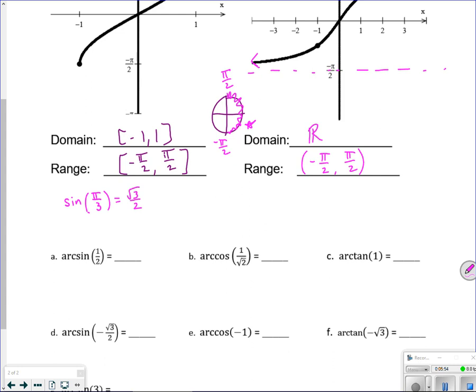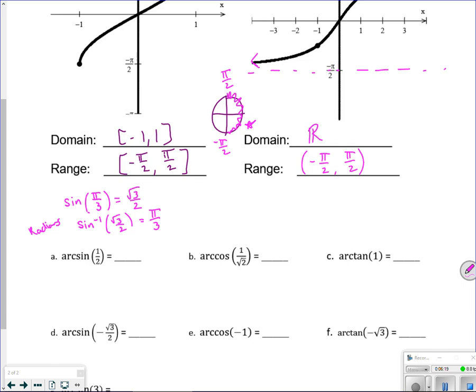So notice I could write the inverse sine of square root of 3 over 2 is equal to pi over 3. So the x's and the y's flip. So I'm basically asking you, when you see this, it's saying what arc, and this is all going to be in radians, okay? Of course, we're going to do this all in radians.